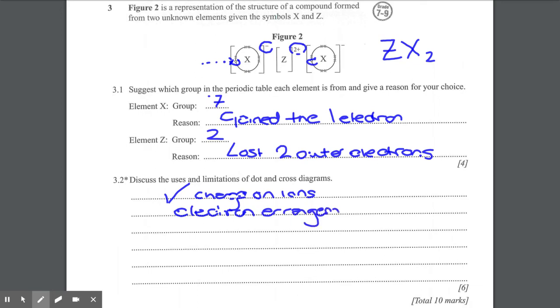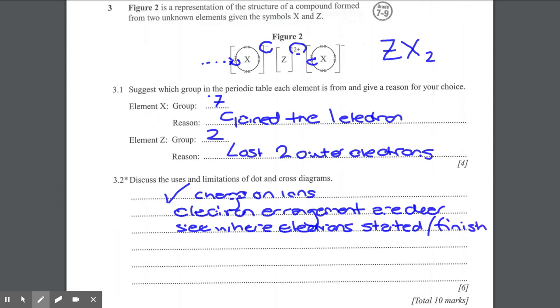And you can even, in certain instances, like we see with X and Z, see where the electrons were originally, which is always helpful. See where electrons started, whether they started on the metal or they've ended up on the non-metal, and obviously finished if you've got a final diagram, as we have in this situation.